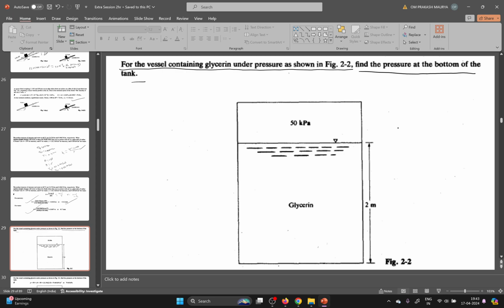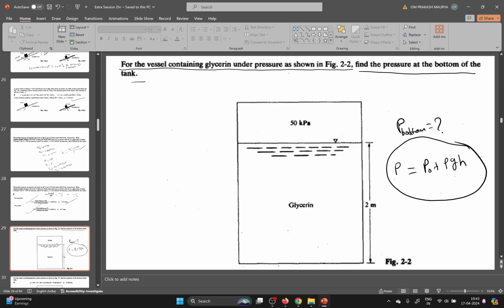You need to calculate the pressure at the bottom. How you will calculate? Previously we have seen the pressure, that is P naught plus rho g h. So using this formula you can get the answer.